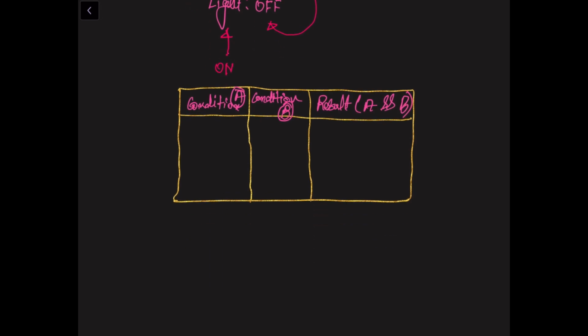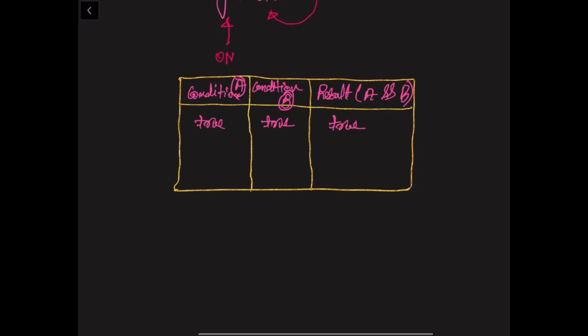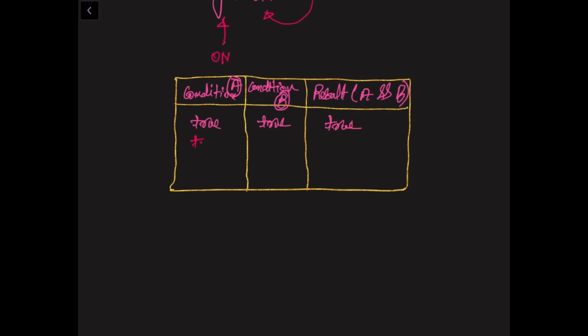If the first condition A is true and the second condition B is true, the result will be true. But if condition A is true and condition B is false, the result is false. If condition A is false and condition B is true, the result is false, because for logical AND both conditions must be true.